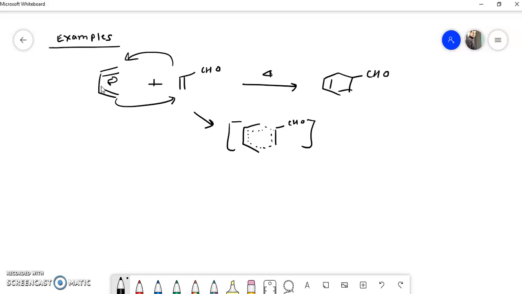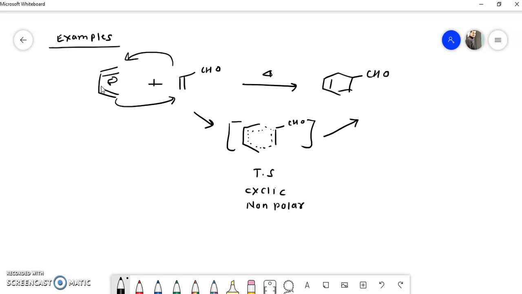This kind of transition state is involved. You will observe that a cyclic transition state is there, and it is a non-polar transition state, because there is no involvement of positive or negative ions, and finally we get this cyclic product.